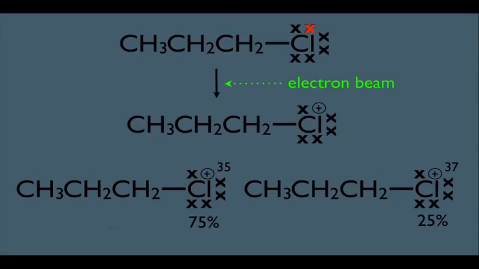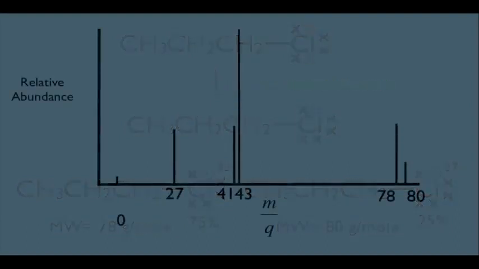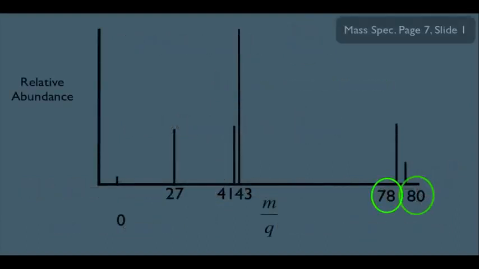So we should see a peak at 78 due to this molecule and a peak at 80 due to the molecule on the right. And notice here it is, the actual mass spec. Notice we see the 78 and the M+2 peak at 80. And look at their relative heights. They are 3 to 1 or 75% to 25%.